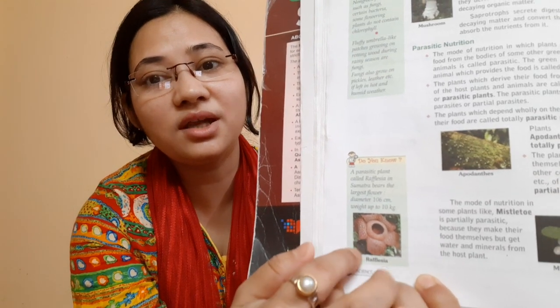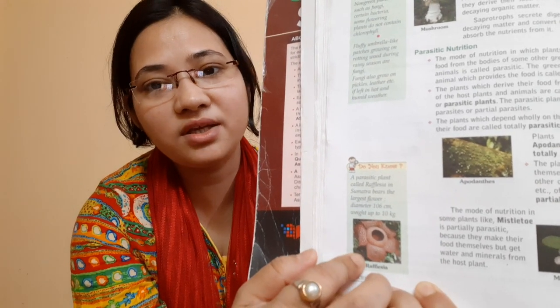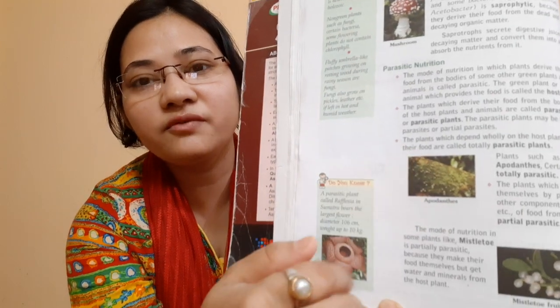So these are two examples of total parasites, and we also have another example that is called Cuscuta, in Hindi it is called Amar Bel. This Cuscuta plant also cannot produce its own food, so it grows on another host plant and derives the food and nutrients, also taking shelter of the host plant without killing it. So these are called total parasites.